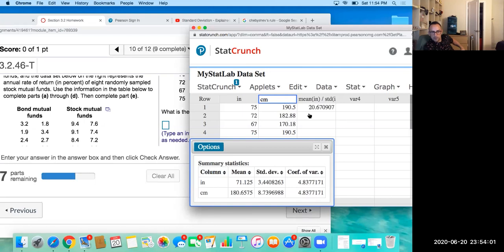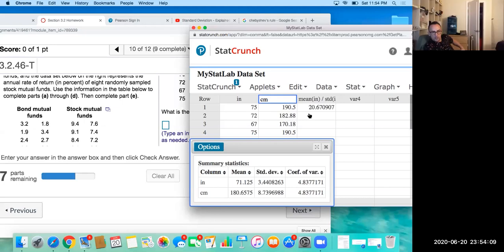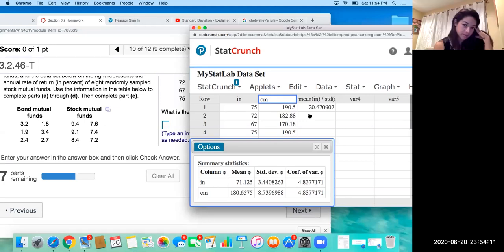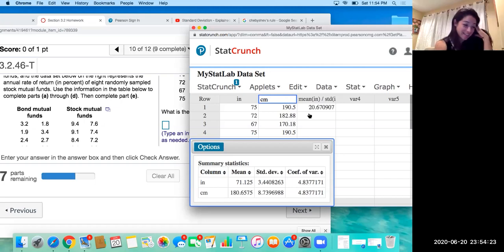Isn't that what we were finding before? The mean divided by the standard deviation? Yes. So what do you get? Divided by 3.44, 20.67. Wow, so it did work to do it that way. Okay. Interesting. Interesting.